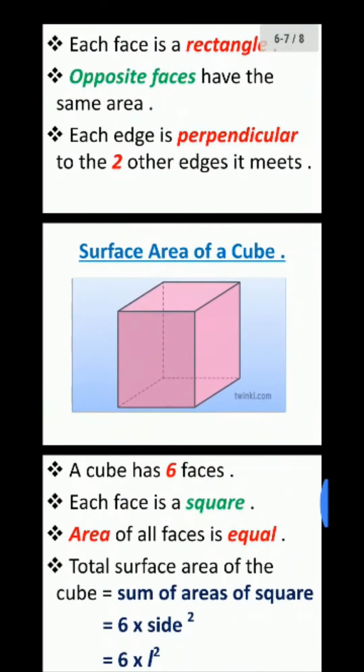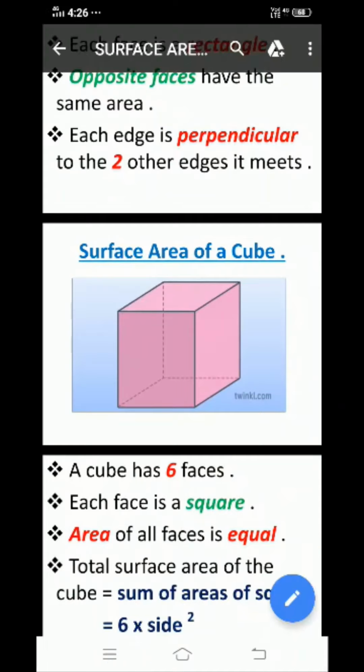Now next is the surface area of a cube. In a cube also there are 6 faces: 1, 2, 3, 4, 5, 6. And edges, where edges means what?